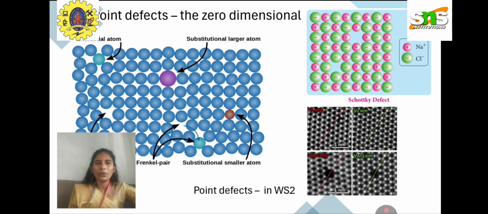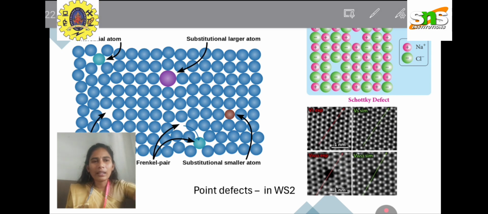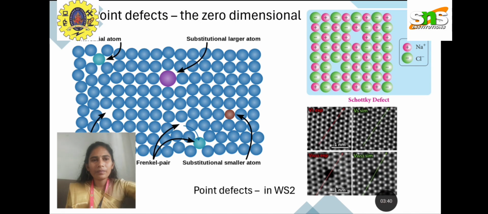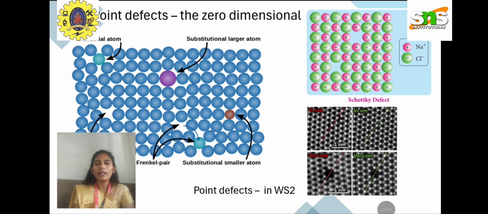Next one is impurity. An impurity may be a small particle embedded in the structure or foreign atoms in the lattice. Foreign atoms generally have an atomic radius and electronic structure differing from those of the host atom, and therefore act as centers of distortion.